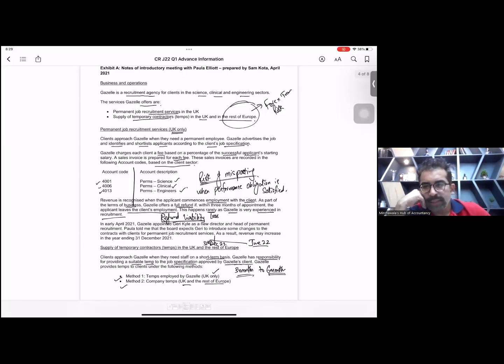One more thing we need to check is the cutoff issue. Now listen, when we receive the timesheet from the client that this employee worked this many hours, then we pay the employees and we record our expense. Okay. So what if there is a risk?